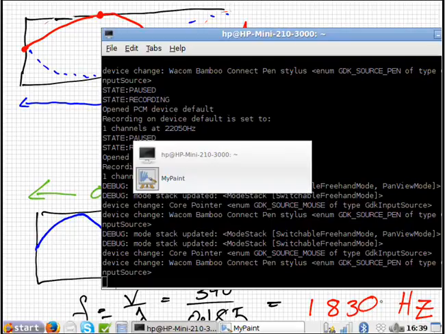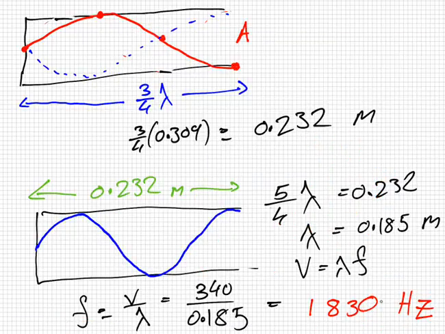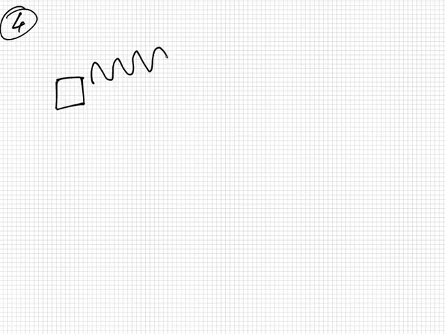Let me write properly. This is 5 quarters of a wavelength. So that equals 0.386.